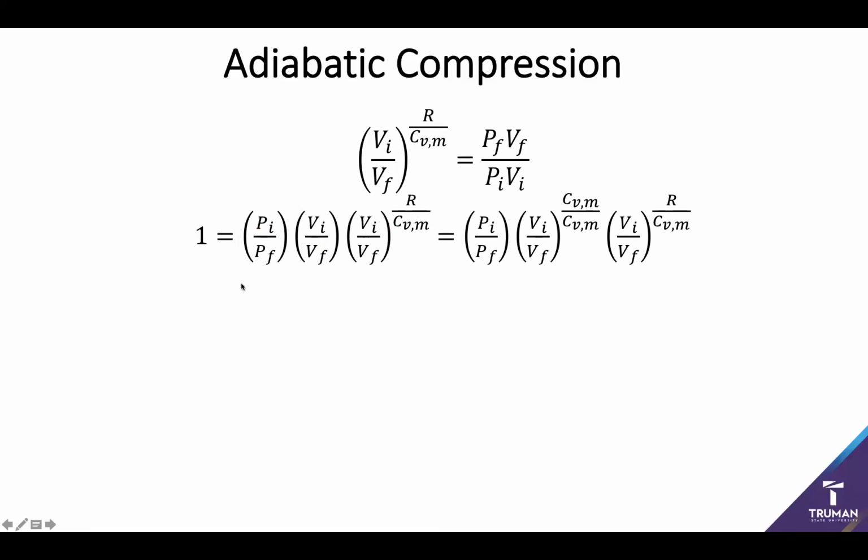Now, our pressure is sitting off doing its own thing, so we don't have to worry about it. But we'd rather like to combine these two volume terms. However, we can't quite do that while they have different exponents. So what we're going to do is express the exponent on this term as 1 in terms of the isochoric heat capacity divided by the isochoric heat capacity.